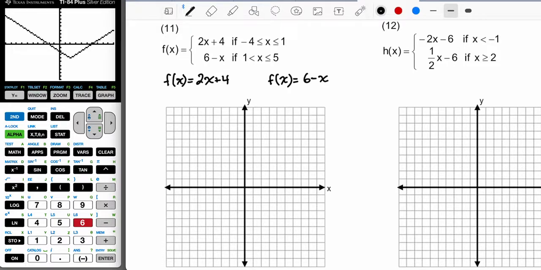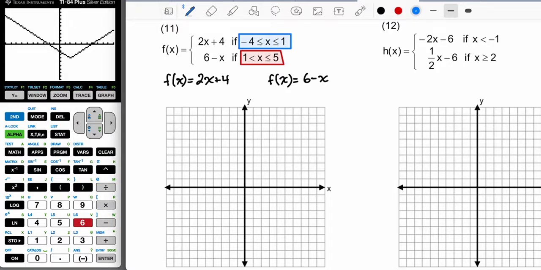It's just what constitutes the sometimes. It's saying that it's 2x plus 4 under these circumstances, when x is between -4 and +1. It's 6 minus x only under these circumstances, going from 1 to 5.